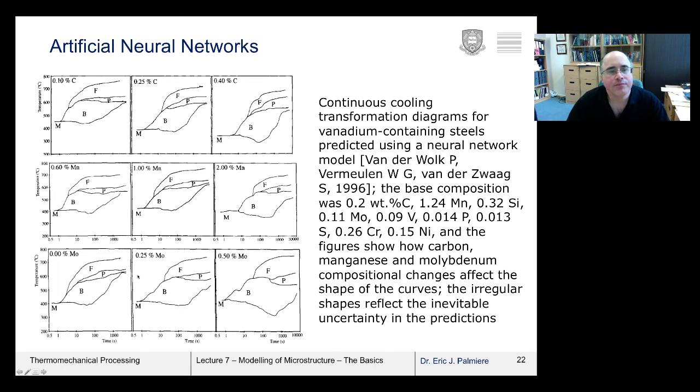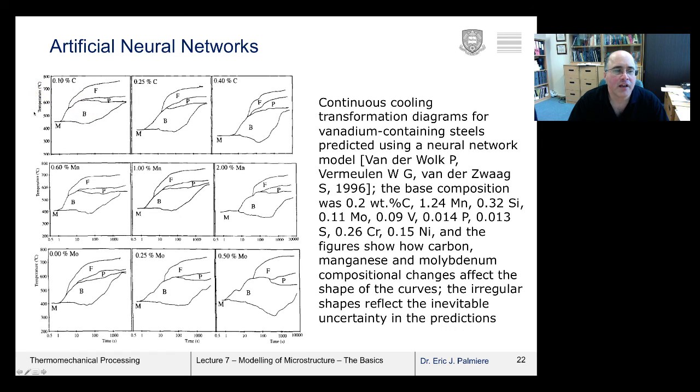One other example of an output of an artificial neural network is in the form of transformation. This data comes from Van der Zwaag, the group in the Netherlands, which shows output from a neural network in terms of transformation behavior, and how that transformation behavior of the steel changes with, for example, carbon concentration, manganese, or molybdenum concentration.